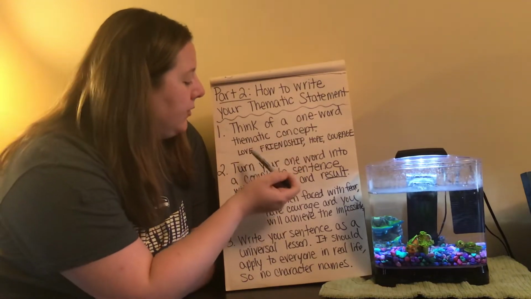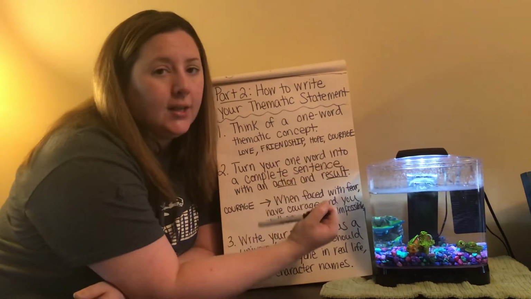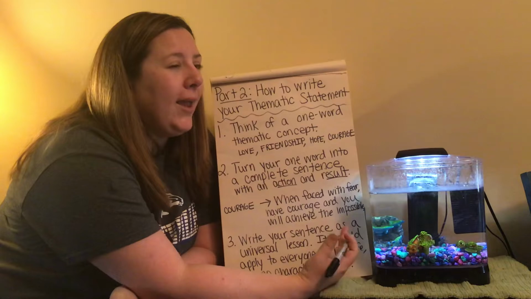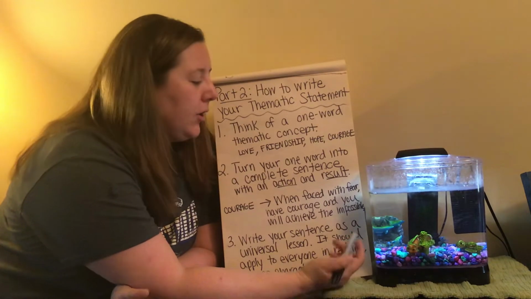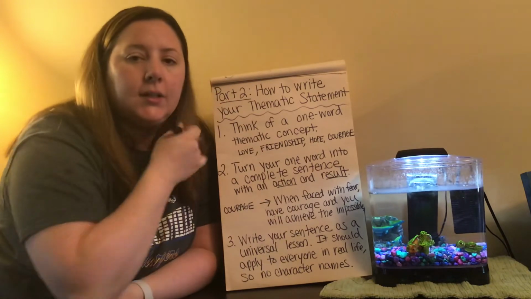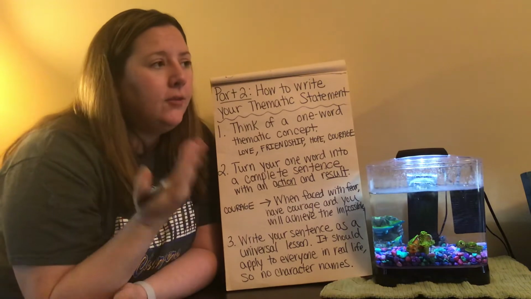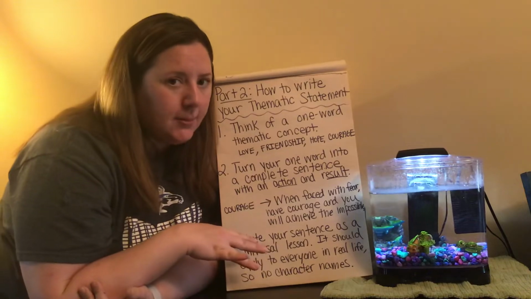Some examples of thematic concepts are love, friendship, hope, courage, things like that. And if you feel like, I have a feeling of what the lesson was in the story, but I can't think of a word to describe it, there's a link in this lesson that is a 2-page PDF. If you look at the first page, it's tips and examples of good thematic statements like this.